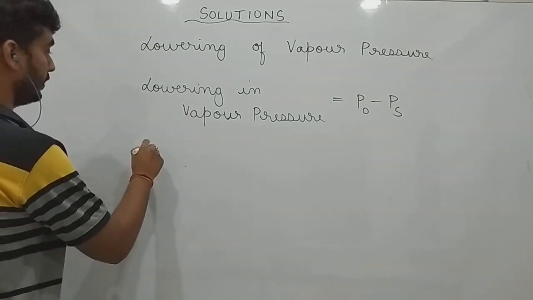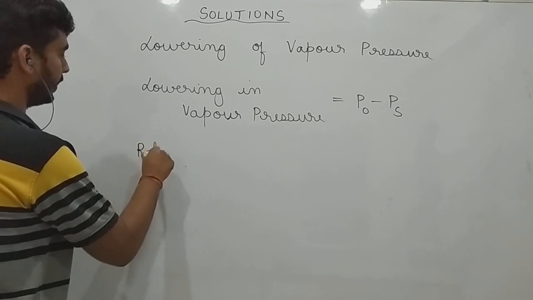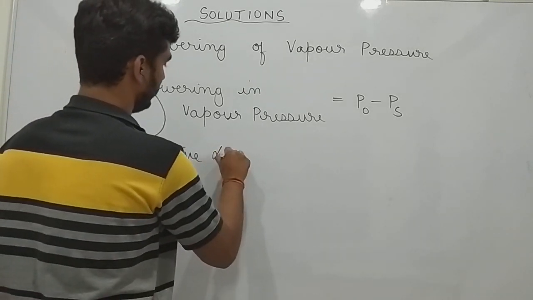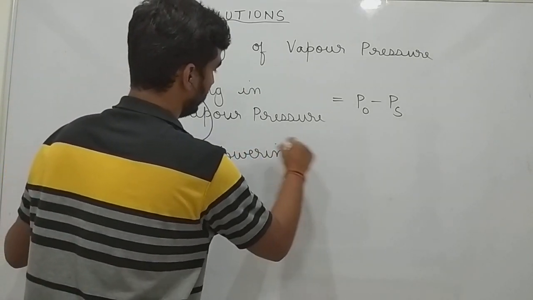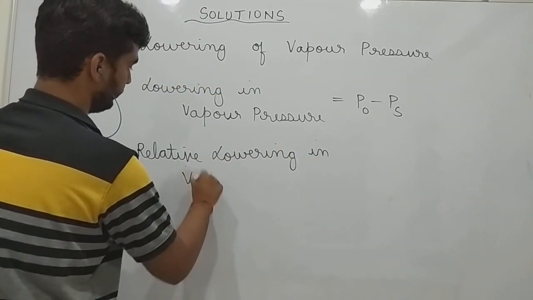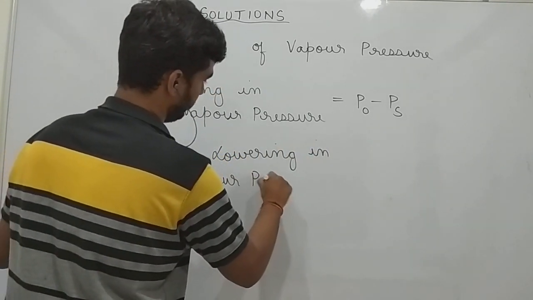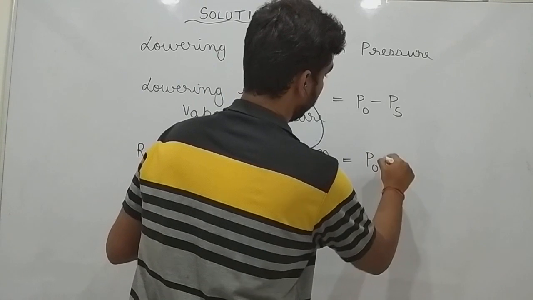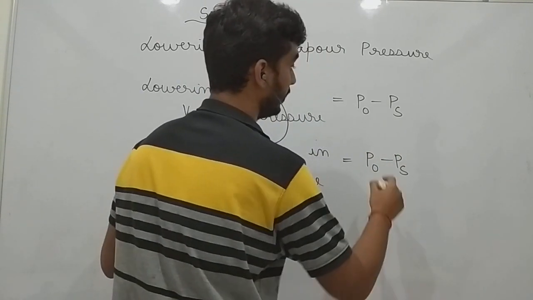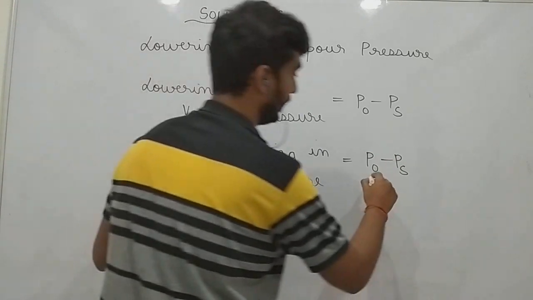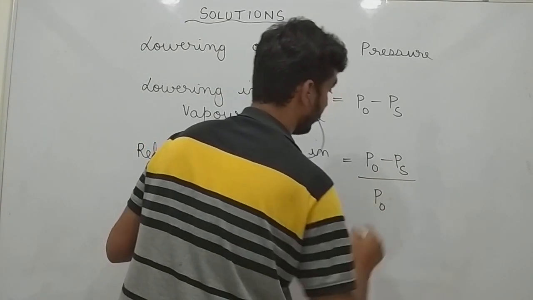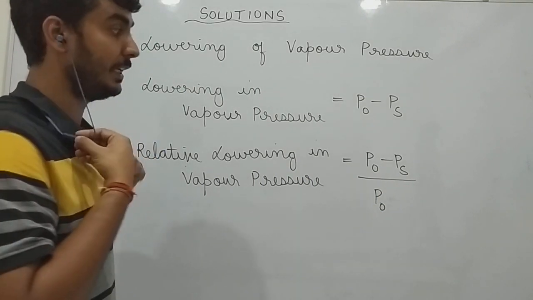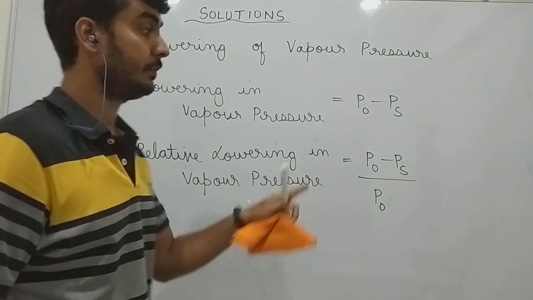Now there is something known as relative lowering in vapor pressure. Relative lowering in vapor pressure means what? When you divide this lowering or reduction in the vapor pressure by the vapor pressure of the solvent in pure state, then it is known as relative lowering in vapor pressure.